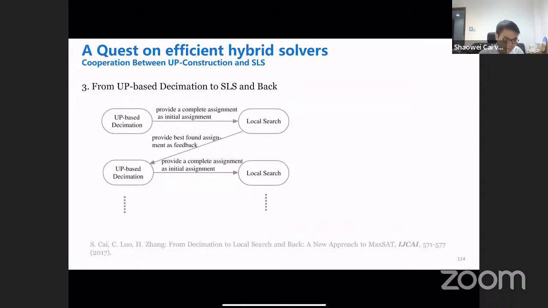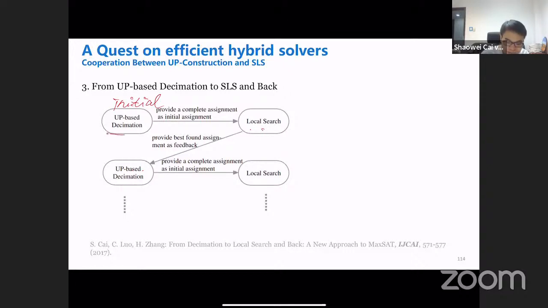Okay, but the previous versions only use UP to help local search. We have multi-trial initialization. Can we use the local search algorithm to feed back to the initialization? According to this thinking, we developed another approach.